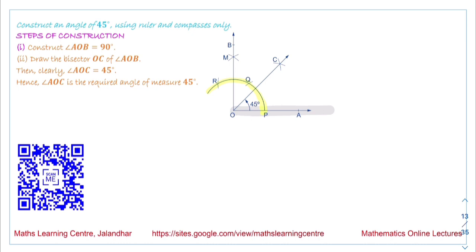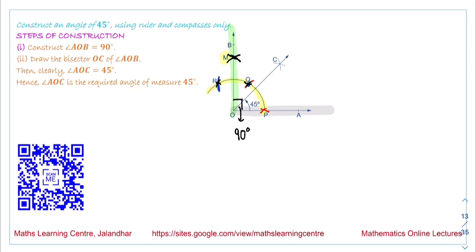Then by keeping the tip at P, we mark this Q. Next, by keeping the tip at Q, we mark this R. After this, by keeping the tip at R and Q, we mark these two arcs and obtain this point M. When we join O and M, we get this angle of 90 degrees.